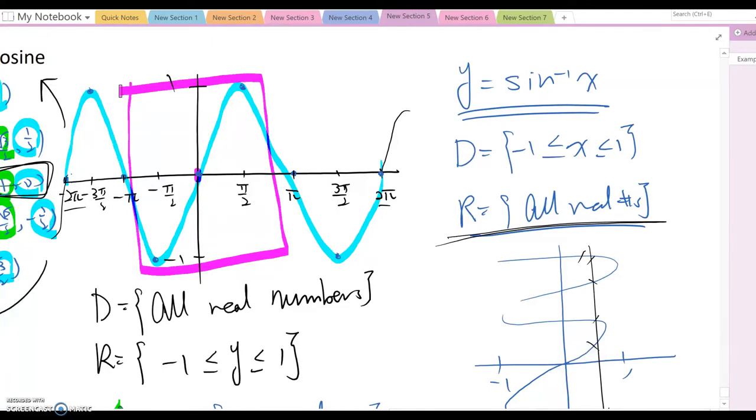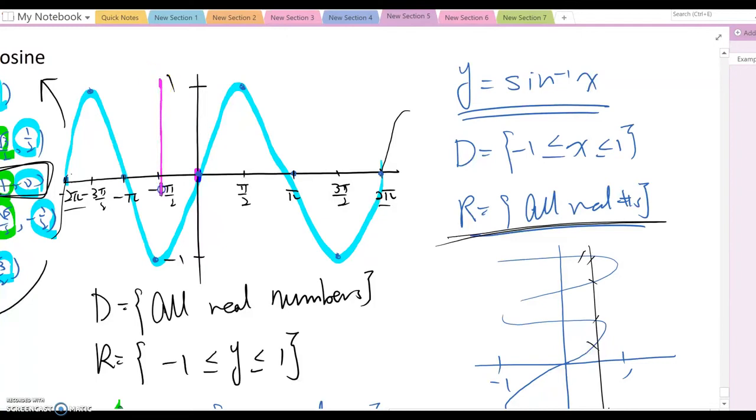Otherwise the values can continue, so we cannot say that. So we only take this range, this range here, so that everything makes sense here.